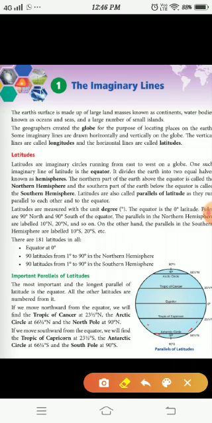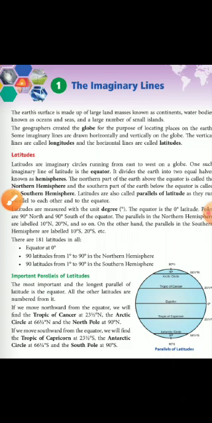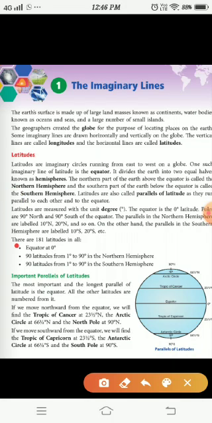It is also very important: there are 181 latitudes in all. Equator is 0 degree, 90 latitudes from 1 degree to 90 degrees in the northern hemisphere and 90 latitudes from 1 degree to 90 degrees in the southern hemisphere.